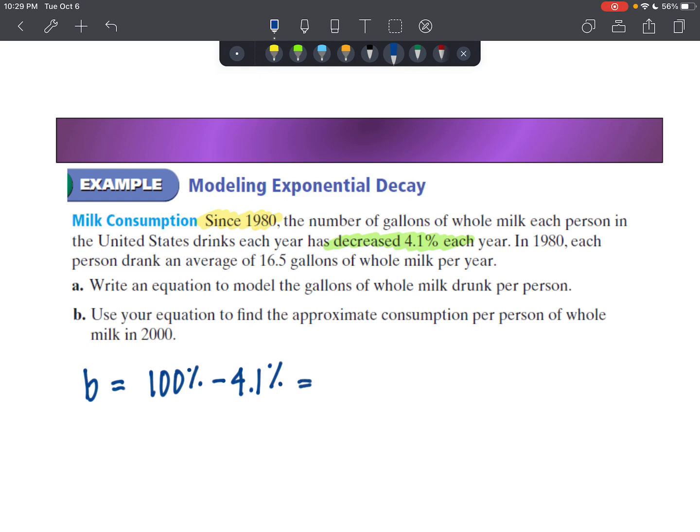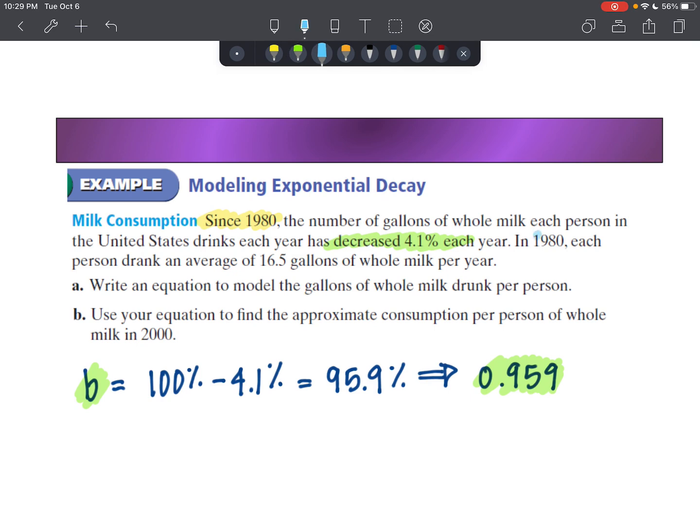And if I take 100% minus 4.1%, I'm going to have 95.9%. And as a decimal, that's 0.959. So my B value translates to be 0.959. So that 4.1% got me to my base of 0.959.